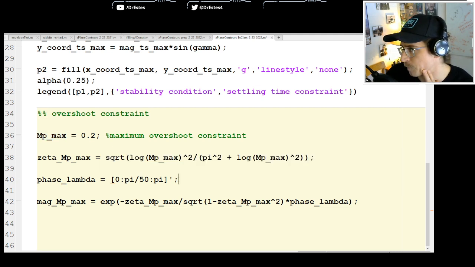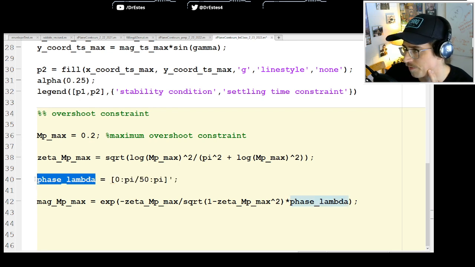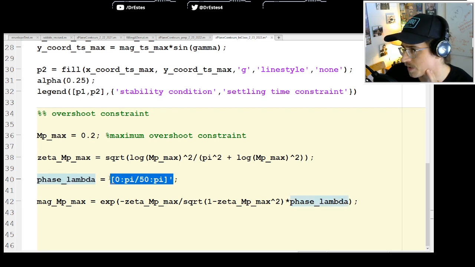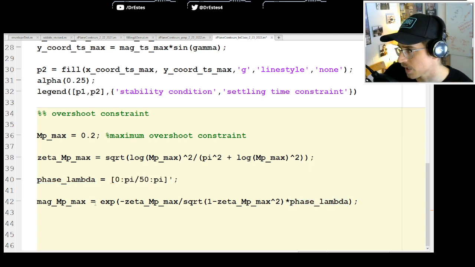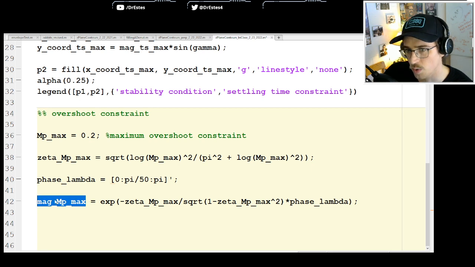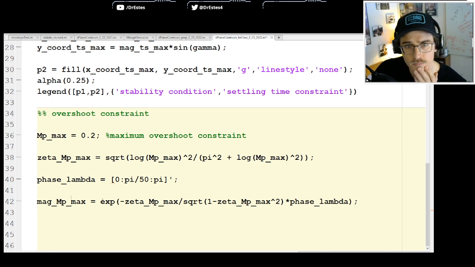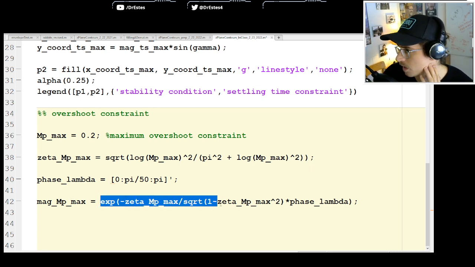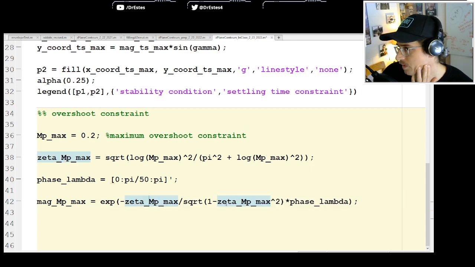All right, so what I'm going to do here, I made a vector of phase angles that goes from 0 to pi, so we're going to go around in a circle. For each of those phase angles, I want to calculate the corresponding magnitude of the root. That's what this is here, and that's the formula we were just looking at on the other screen, just put into this format.